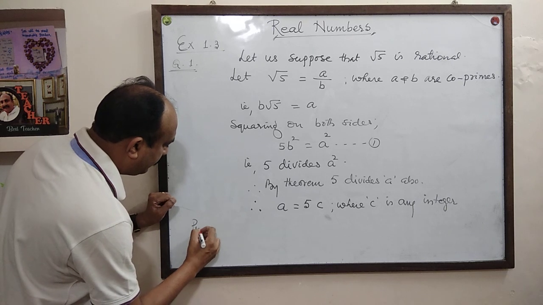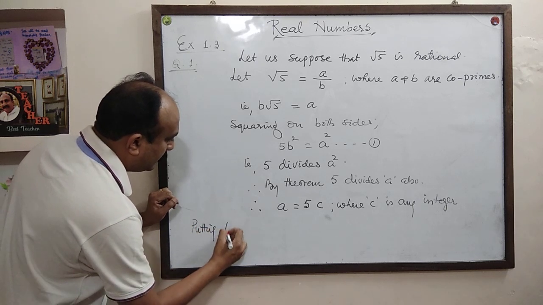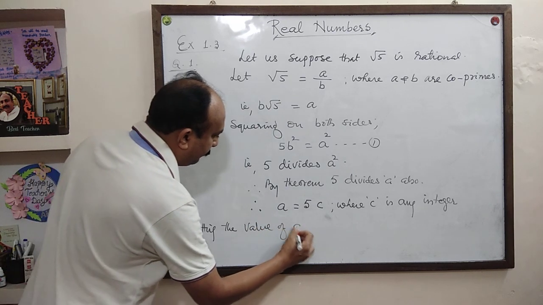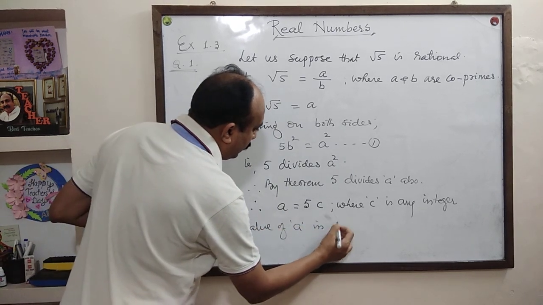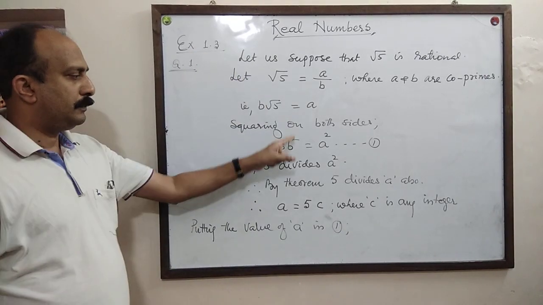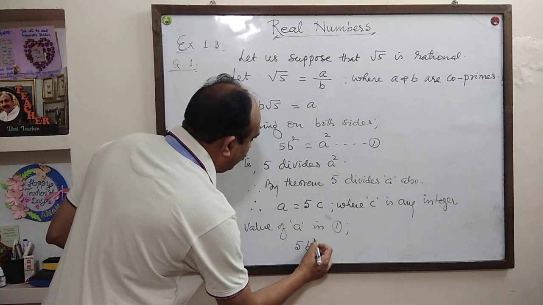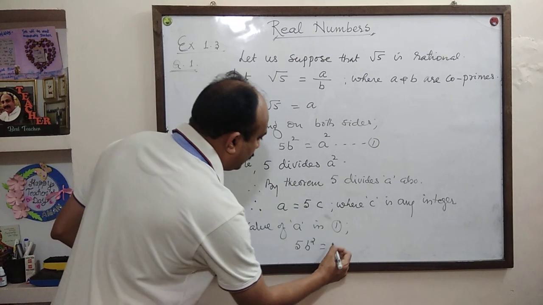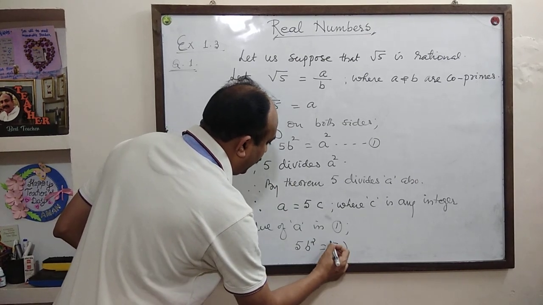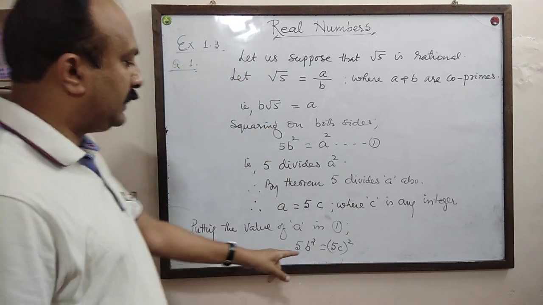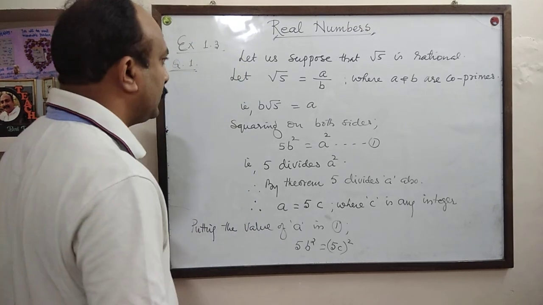Putting the value of a in equation number 1: 5b square equal to a square. A square means 5c the whole square, which is 25c square.